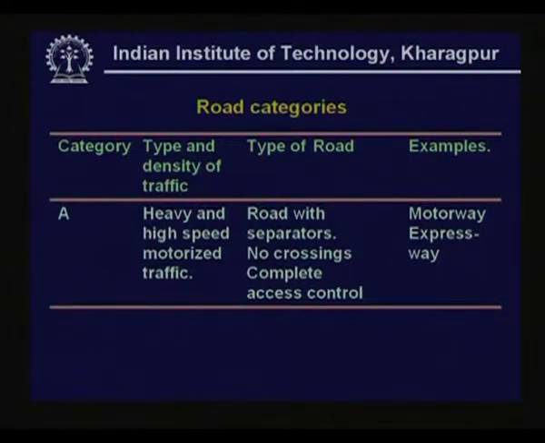We have listed what is known as category A. Category A consists essentially of heavy vehicular traffic. It says heavy and high speed motorized traffic, that is, heavy vehicular traffic moving at high speed.